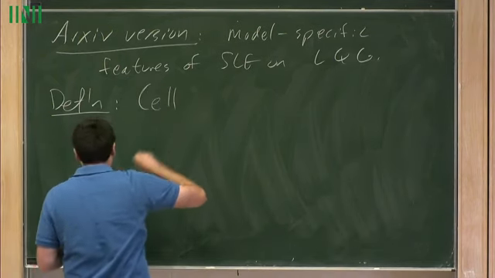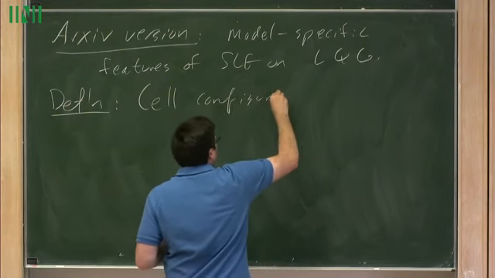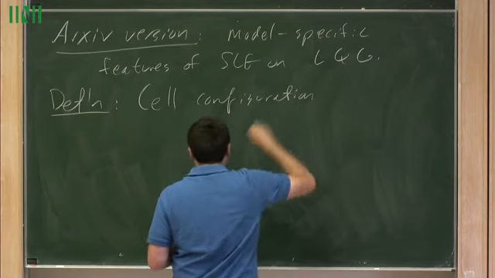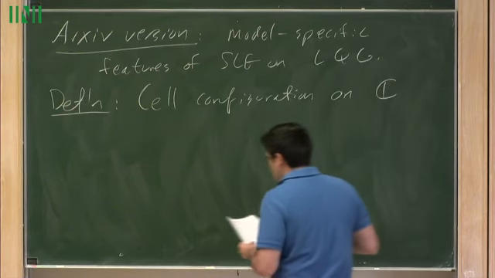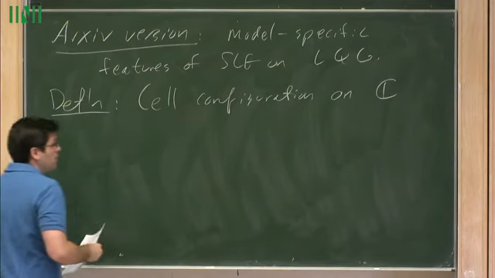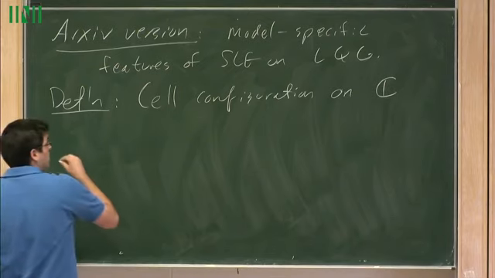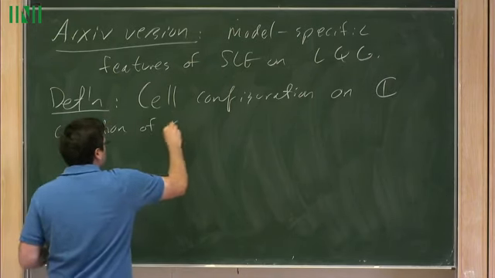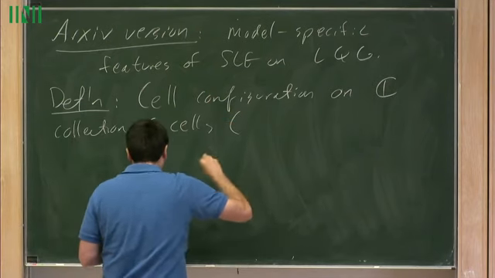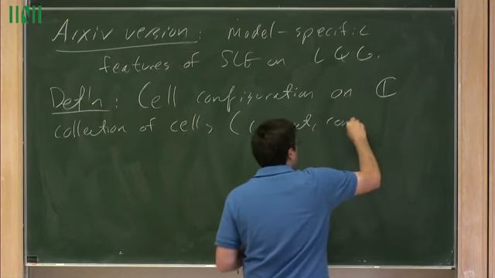Okay, so in general, we're going to have something which we're going to call a cell configuration, and this is part of what determines our environment. This is always going to be planar, so these are going to be two-dimensional results. A cell configuration is a collection of cells, and a cell is going to be a set which is compact and connected.